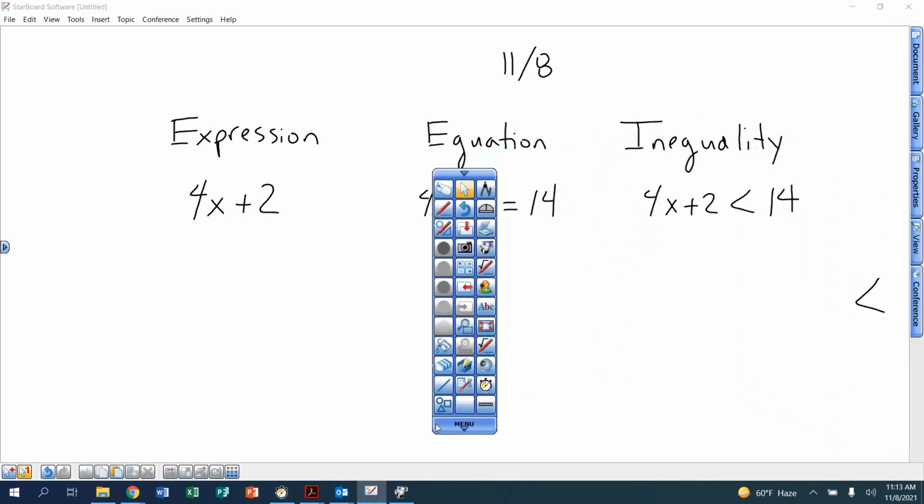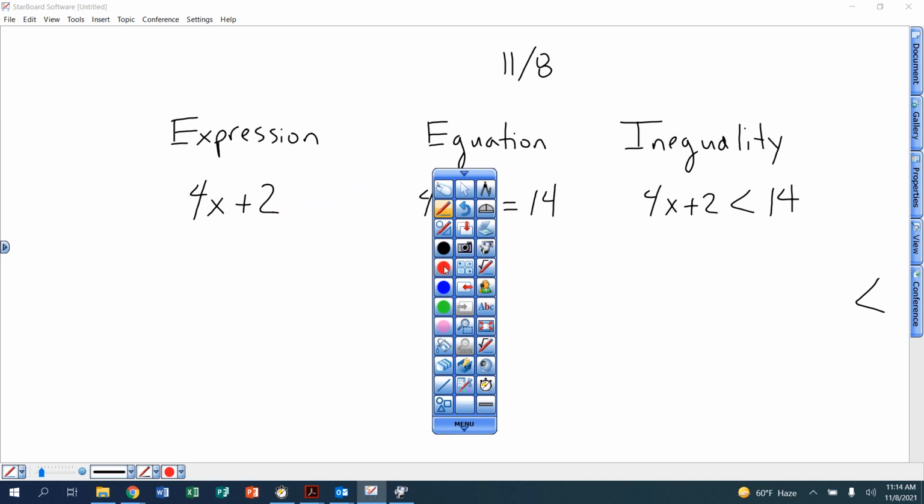For an expression, the only thing I could do with it is to either add another expression with numbers and letters and then focus on what we learned today, only combining the like terms and the numbers. You could do that with an expression, combine it with another expression.